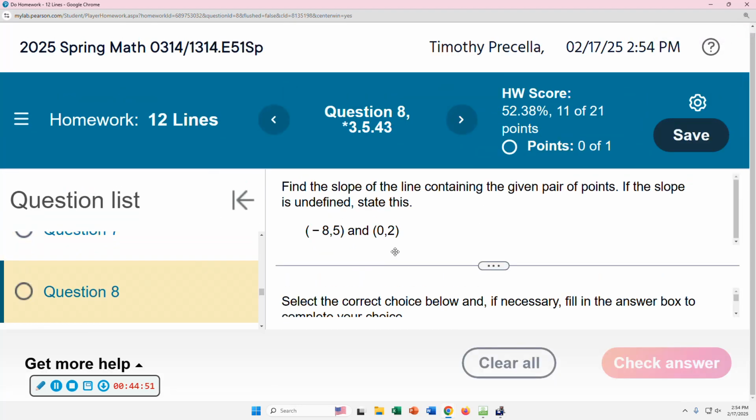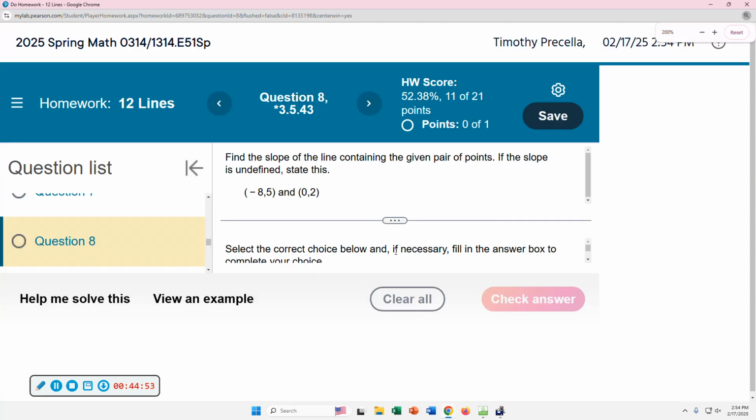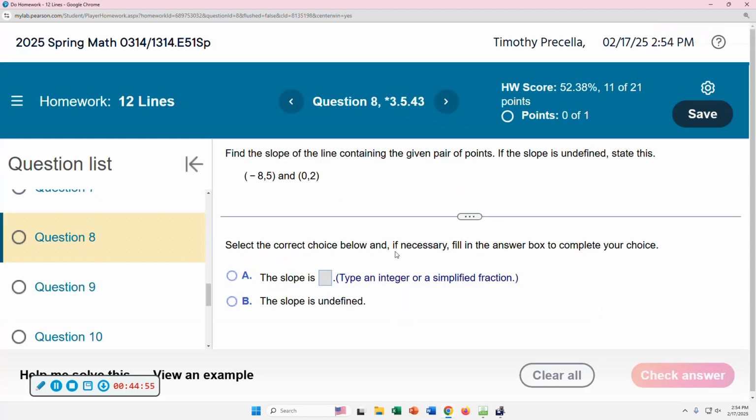Find the slope of the line containing or passing through (-8, 5) and (0, 2). Negative 8, 5: left 8, up 5, and 0, 2. It's going to be falling again, so it's going to be another negative slope, but that's fine.